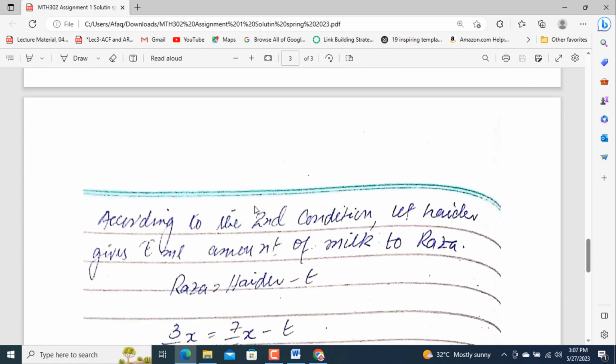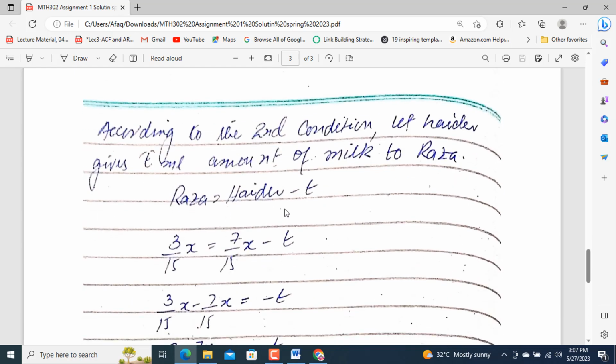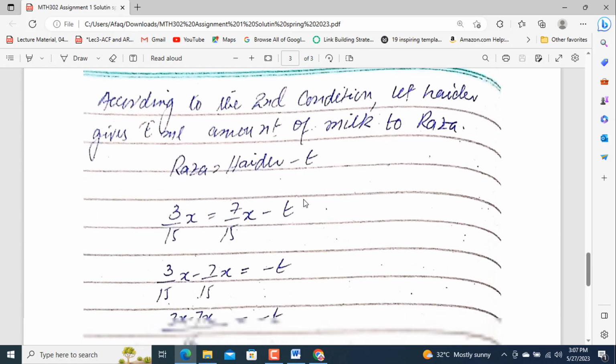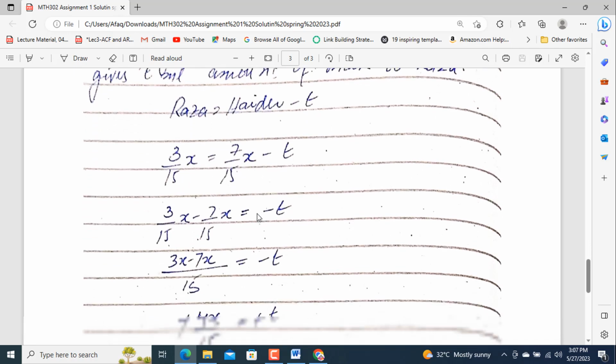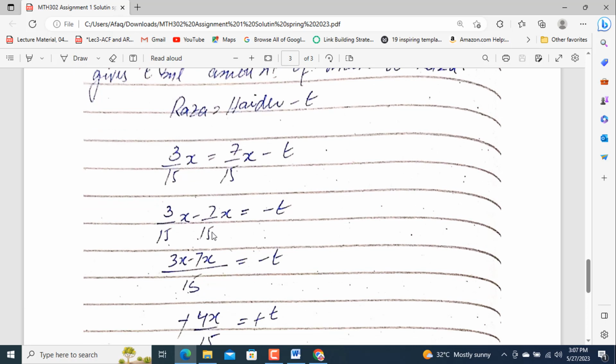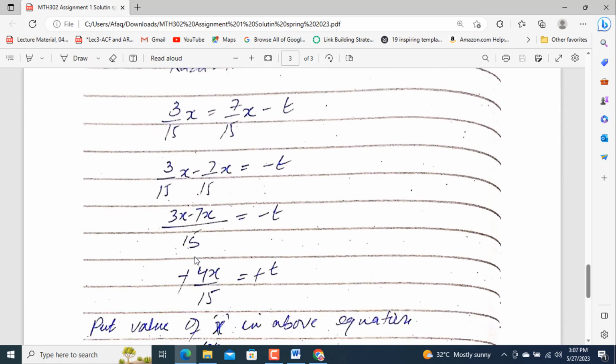According to the second condition, let Haider give T amount of milk to Raza. Raza is equal to Haider minus T. 3/15 X is equal to 7/15 X minus T. So 3/15 X minus 7/15 X is equal to minus T. The same logic applies here as in solving the first condition.